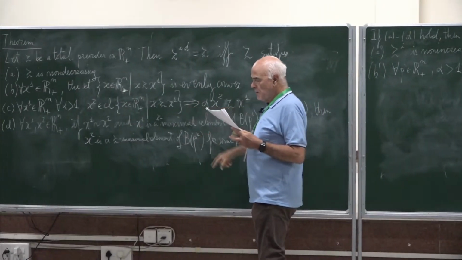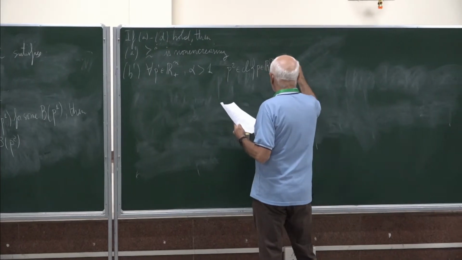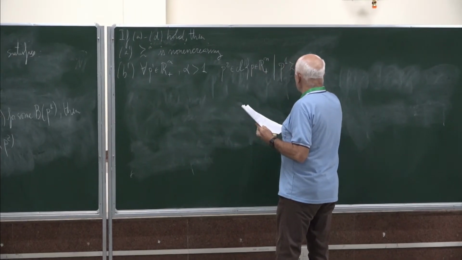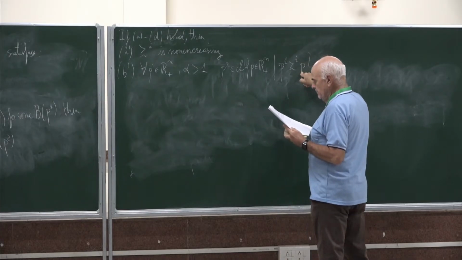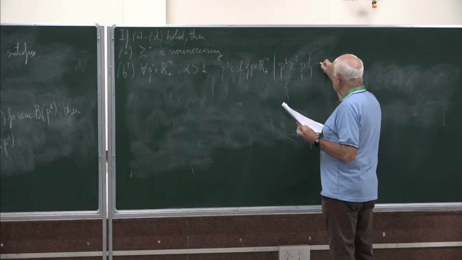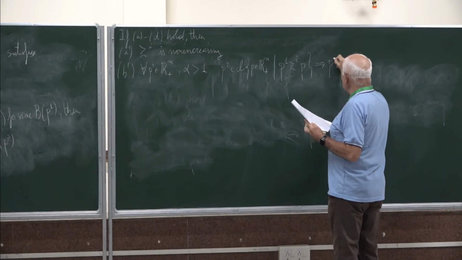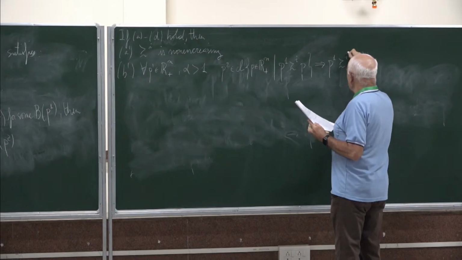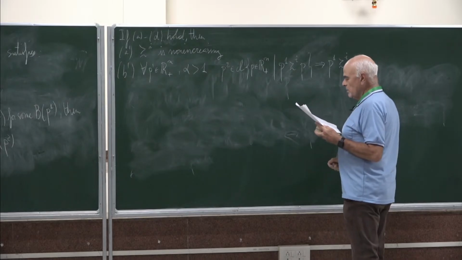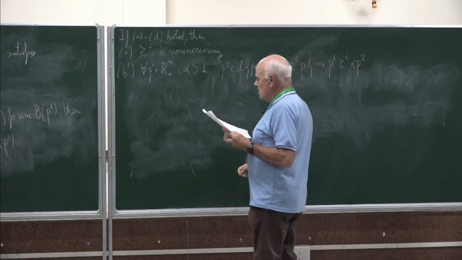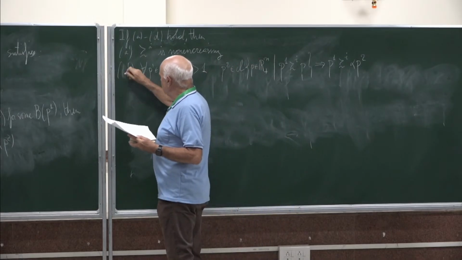If you compare with here, it's the set of P in Rn such that P1 is preferred to P. So P is in the right-hand side. Then P1 is preferred to alpha P2. This is C prime. I forgot B prime.